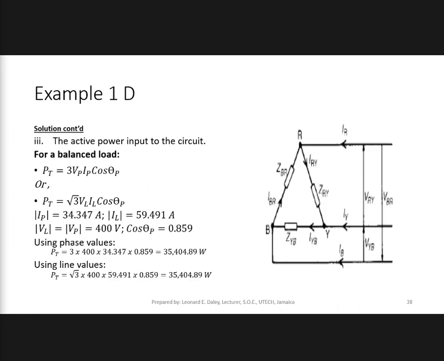Okay. All right. The last thing that they asked us to do for this problem was to find the total power, the active power input to the circuit. So what we're actually doing is working out the power used by the load, right?